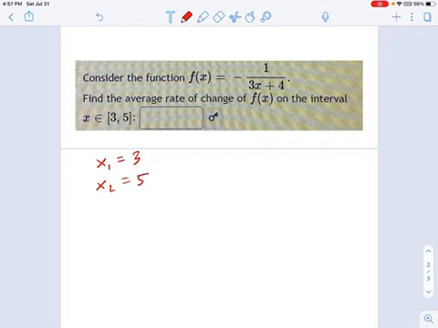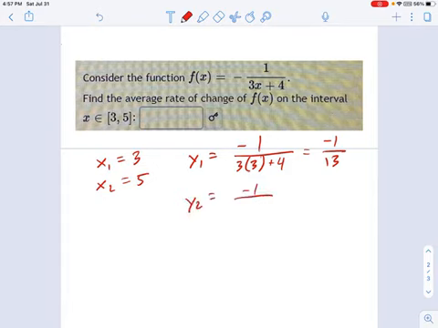Now, if x1 equals 3, then y1 equals -1 over 3 times 3 plus 4, which is -1 over 13, I think. And y2 equals -1 over 3 times 5 plus 4, which is -1 over 19.